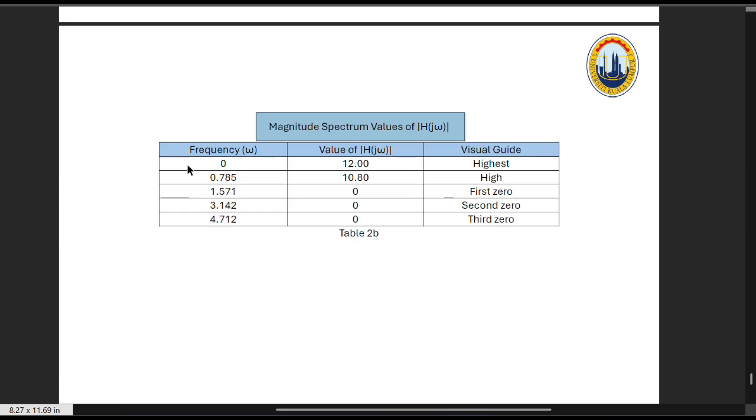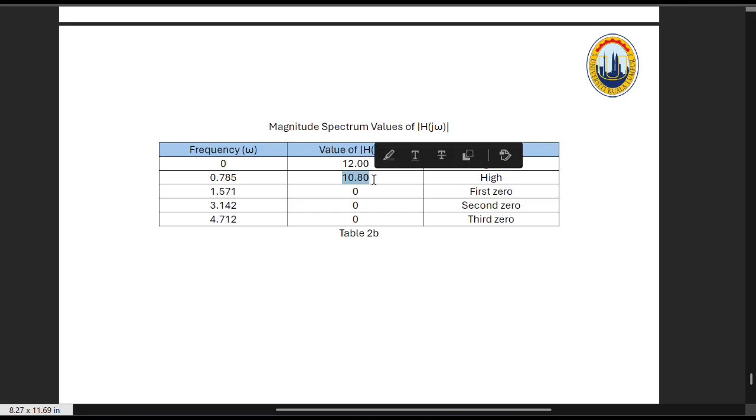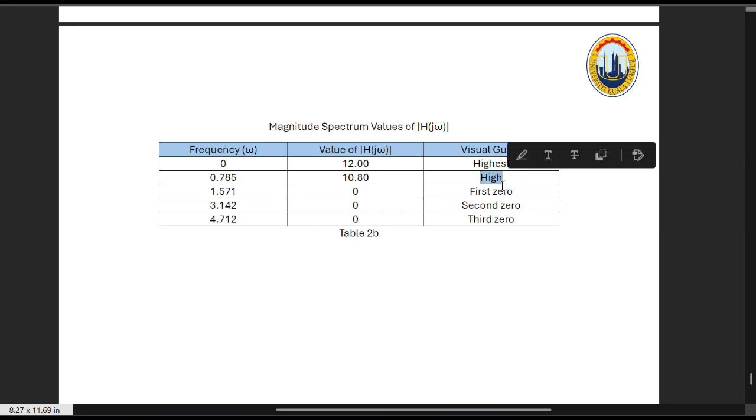For the frequency 0, the value of H(jω) equals 12, the highest for the visual guide. For the next one, 0.785, the value of H(jω) is 10.80. This is the second highest for the visual guide.